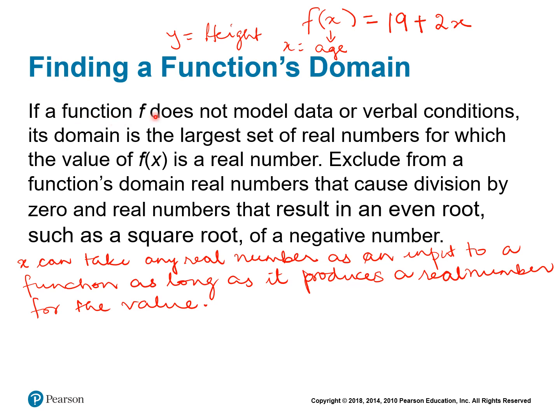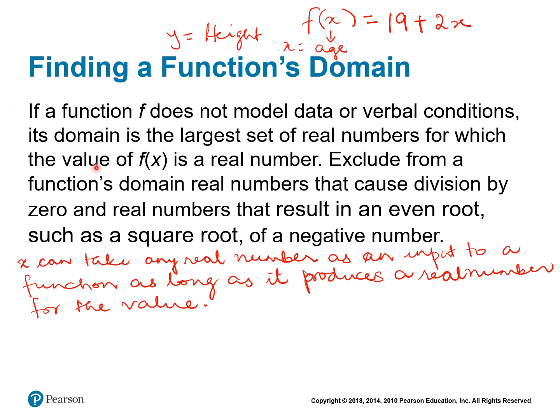If a function f does not model data or verbal conditions, as long as it's not an application-based problem, x can take any value from negative infinity to positive infinity as long as it produces a real number for y. All right.